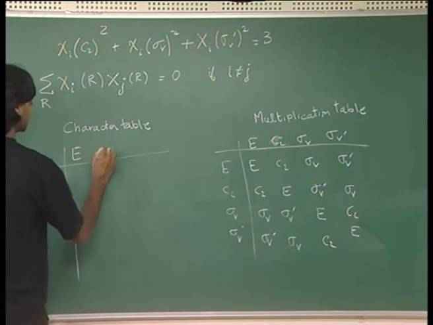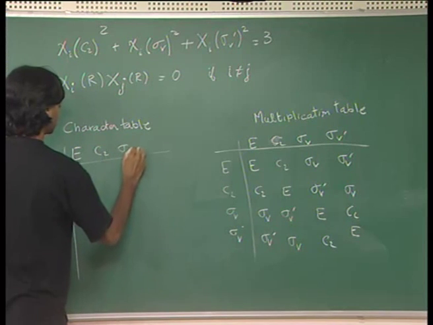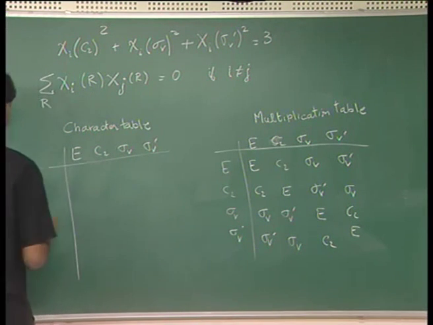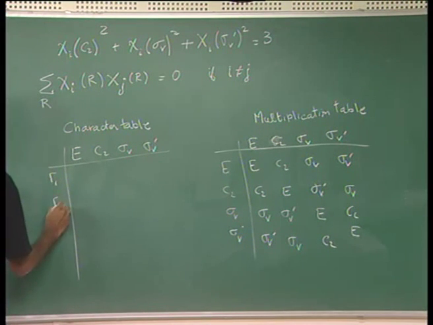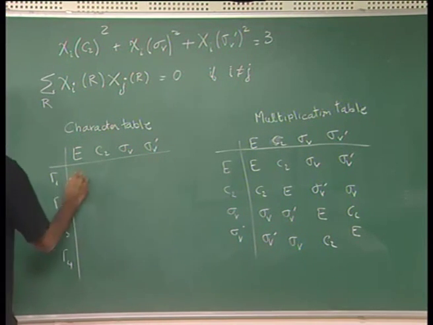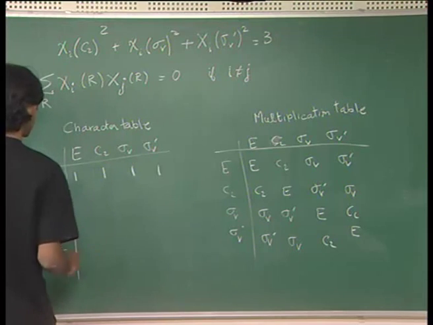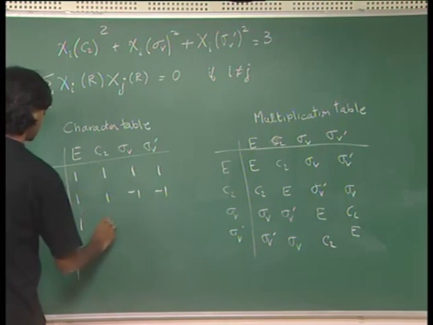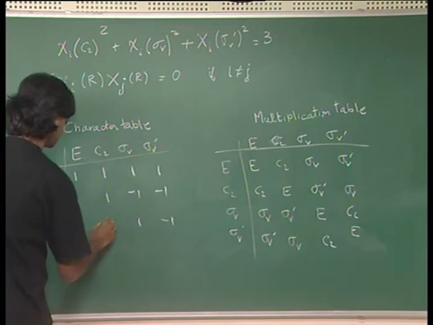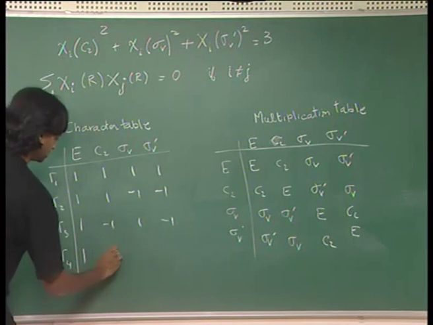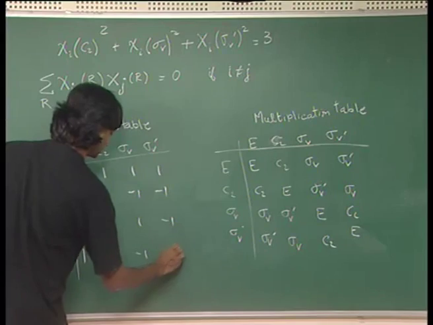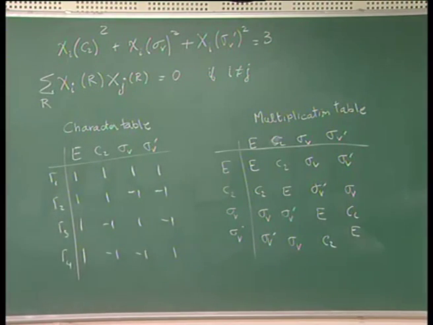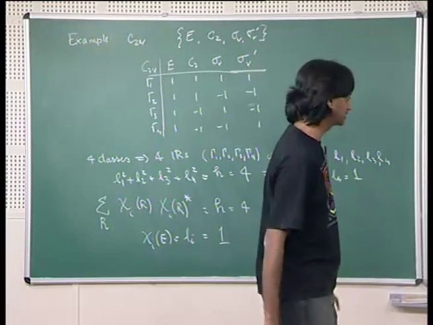So, you have E, C2, sigma v prime. Now, you have gamma 1, gamma 2, gamma 3, gamma 4. Okay, so the trivial representation is 1 1 1 1. Then you have 1 1 minus 1 minus 1, 1 minus 1 1 minus 1, and 1 minus 1 minus 1 1. Okay. So, I deliberately wrote it in this order.